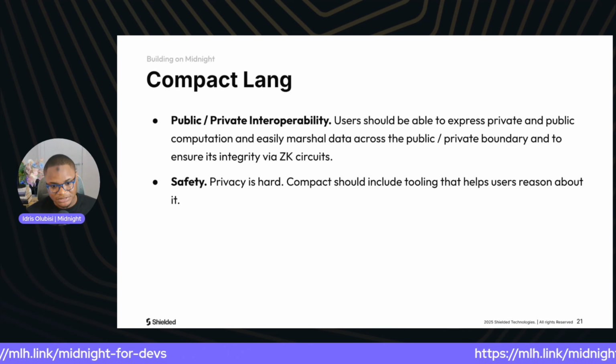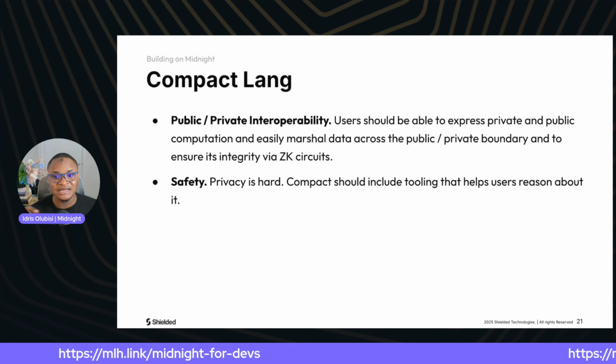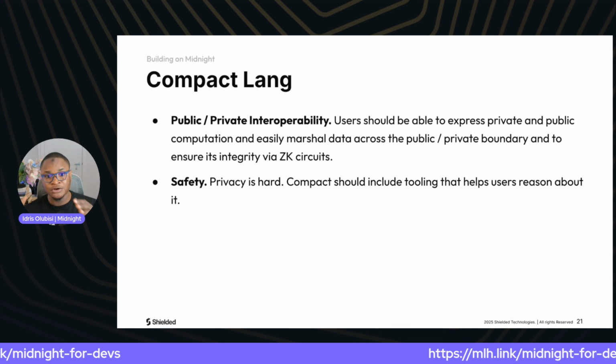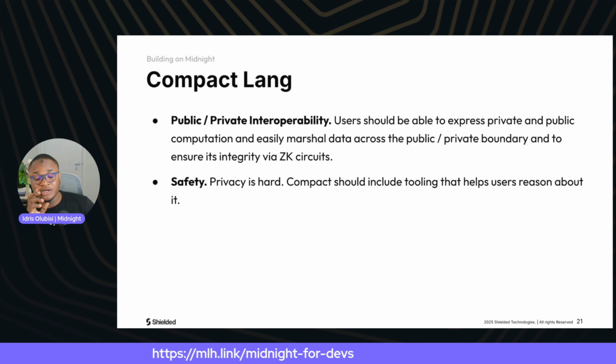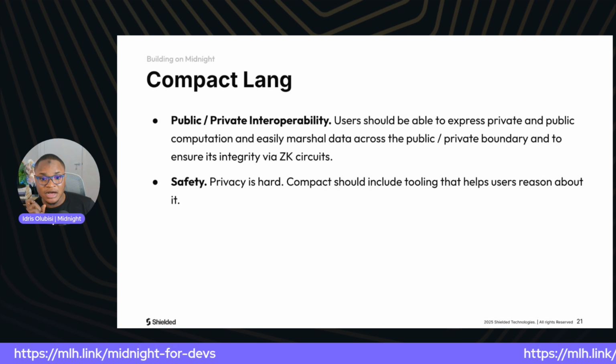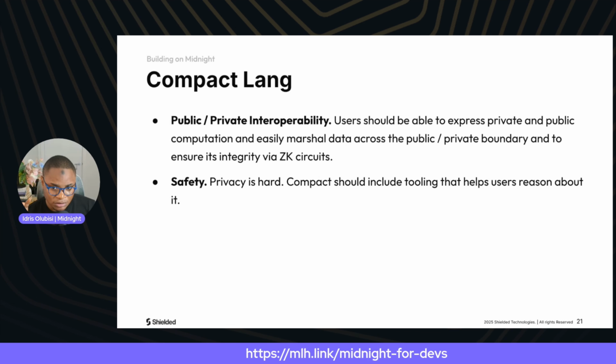The second one is safety. Privacy is very hard. The number of subtle ways to leak information by accident is genuinely difficult to keep in your head. So Compact has tooling already baked in to help you reason about all of these things out of the box.